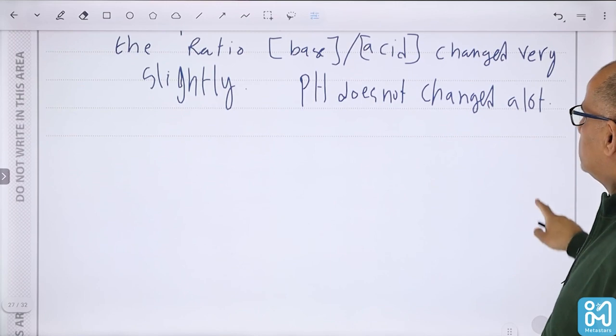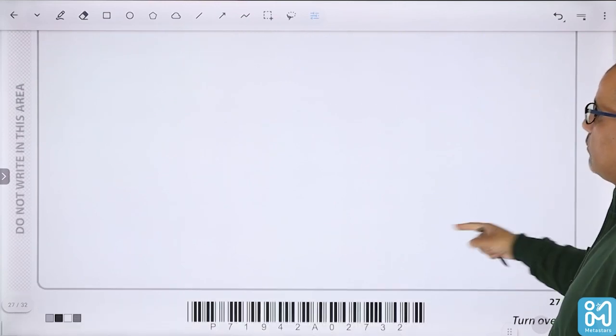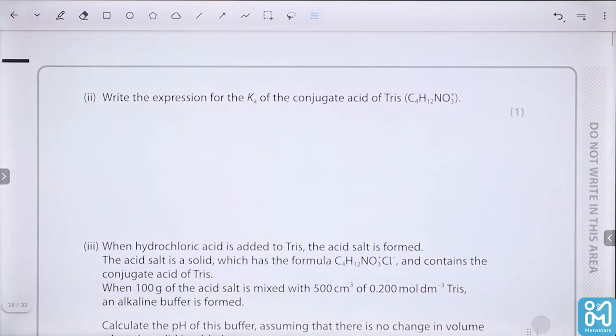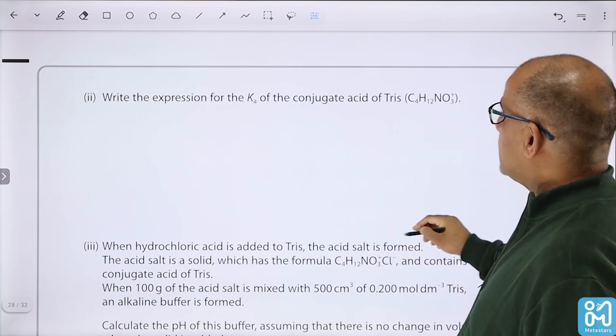Now, write the expression for the Ka of the conjugate acid of Tris.